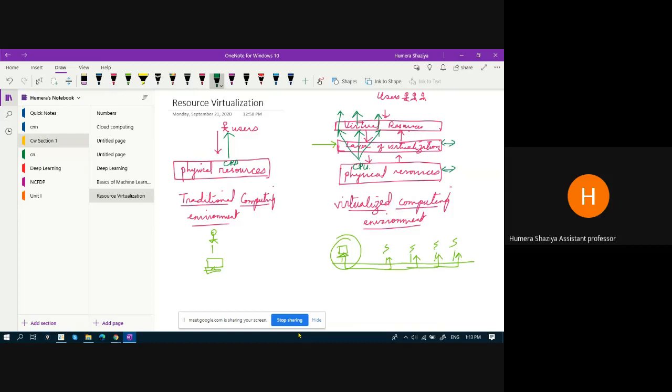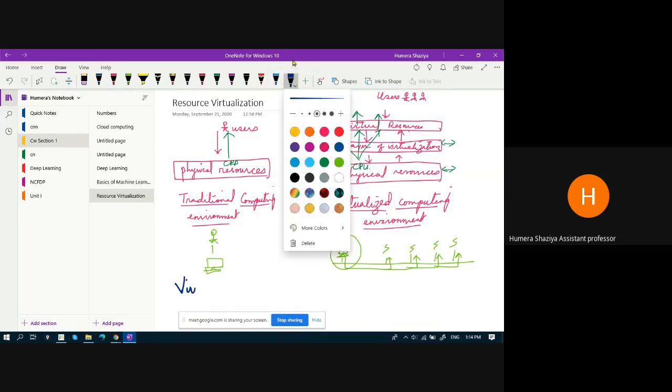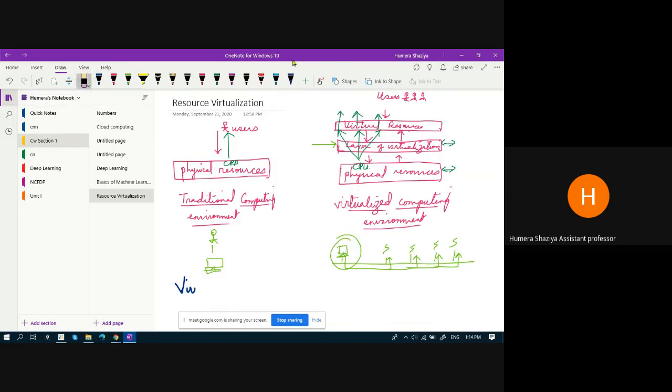Let me write down quickly the virtualization definition. Please remember, it is very important. It is the soul of cloud computing.